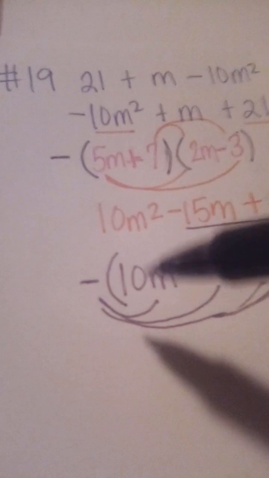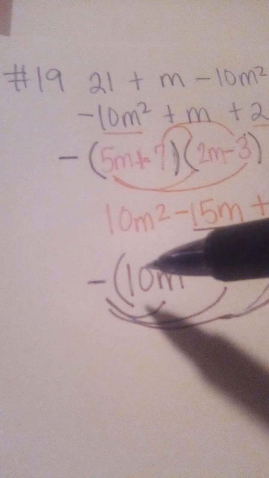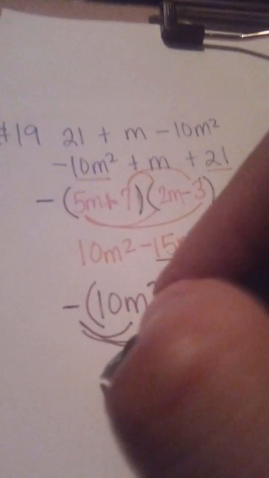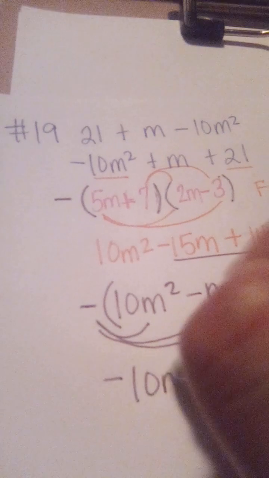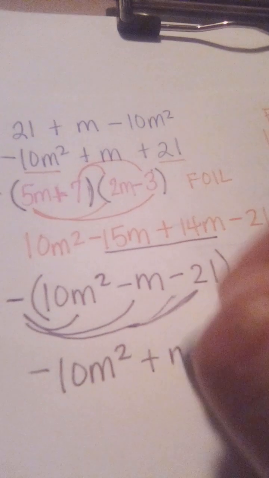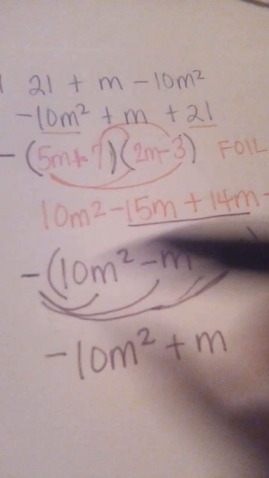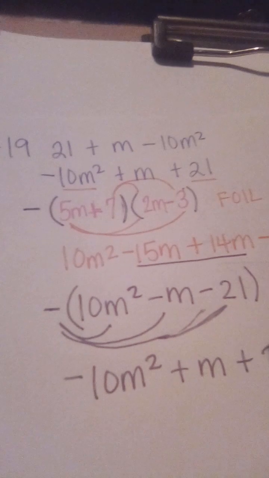Okay, we have negative times a positive 10m squared. We get a negative 10m squared. We know that a negative times a negative would give us a positive m. Am I correct on that? Yes, we are. And negative times a negative for the 21 gives us a positive 21.